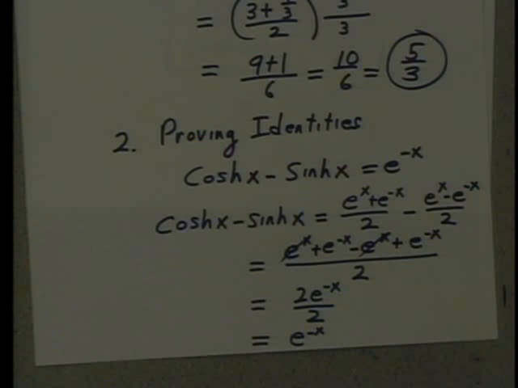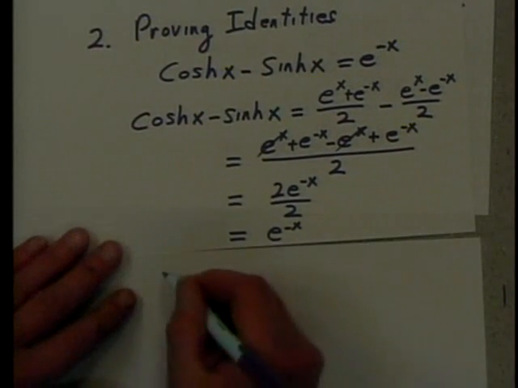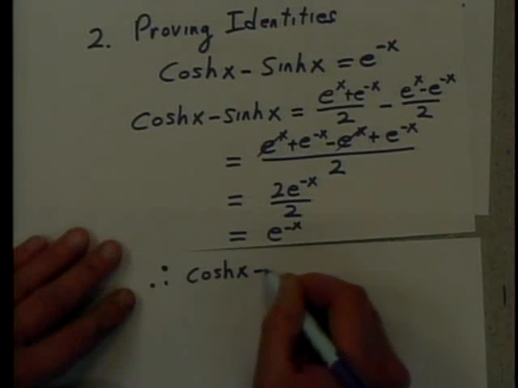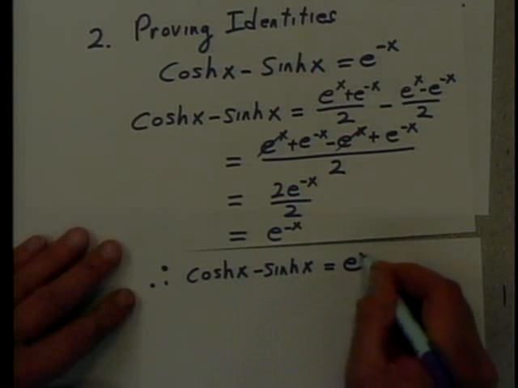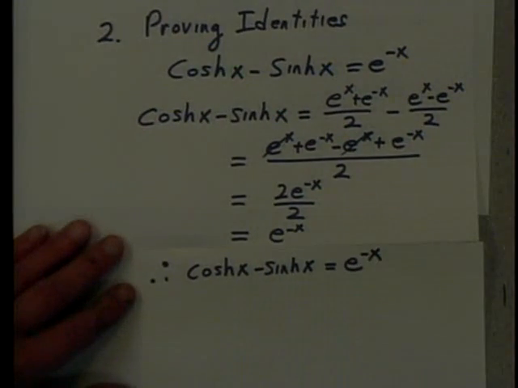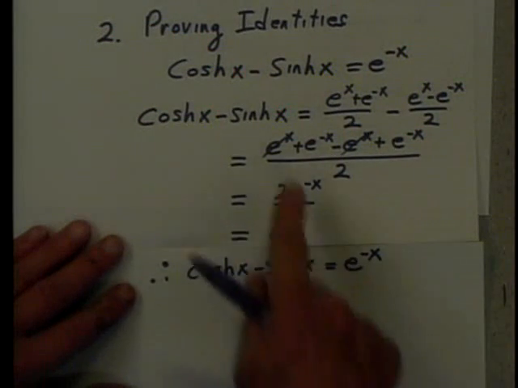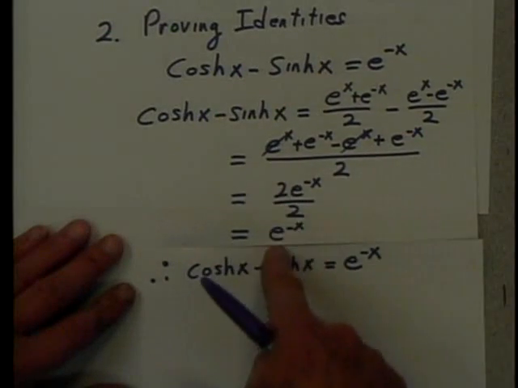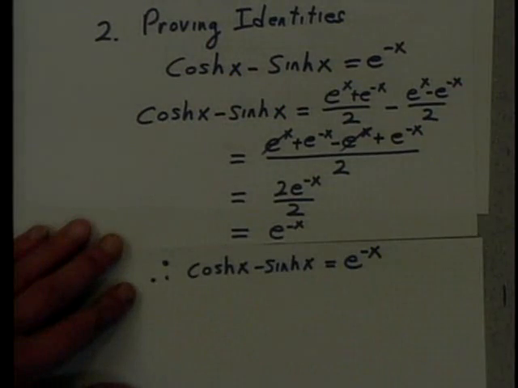Now if you stop there, I won't say anything, but technically there's supposed to be a last step. Therefore, the first thing you started with has to equal the last thing you ended up with. And that's called transitive property. If a first thing equals a second, and a second equals a third, and a third equals a fourth, and a fourth equals a fifth, then transitive property says first has to equal the fifth.